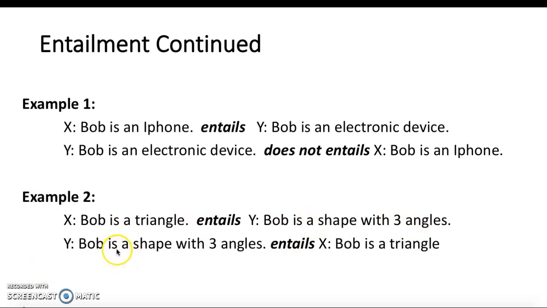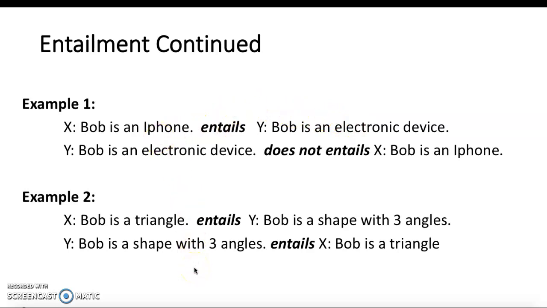If it is true that Bob is a shape with 3 angles, then it also has to be true that Bob is a triangle. So here we have an example in which this statement entails this statement, and vice versa. Whereas in the previous example, this statement entailed this statement, but not the other way around.